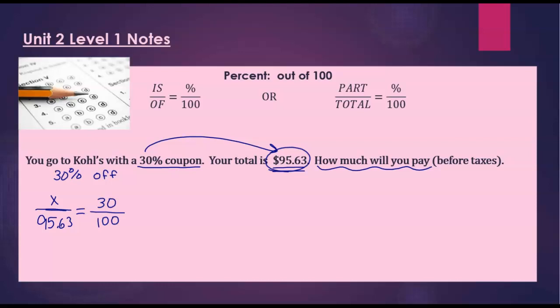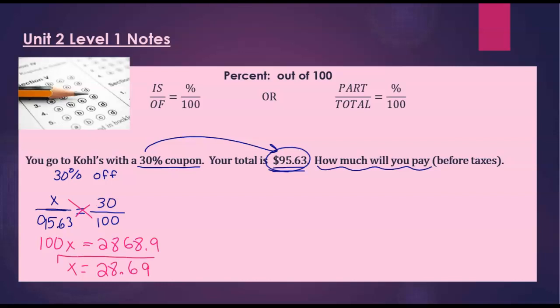So let's cross multiply. 30 times $95.63 is 2,868.9, and that's equal to 100 times x. Divide it by 100 now, and we get $28.69, rounding 68 to 69 cents.